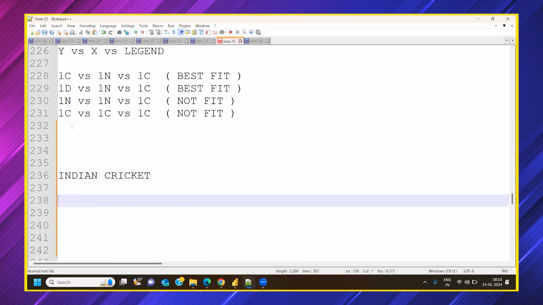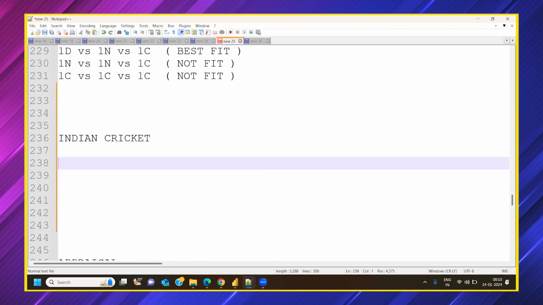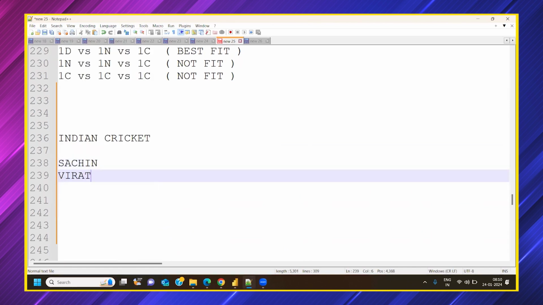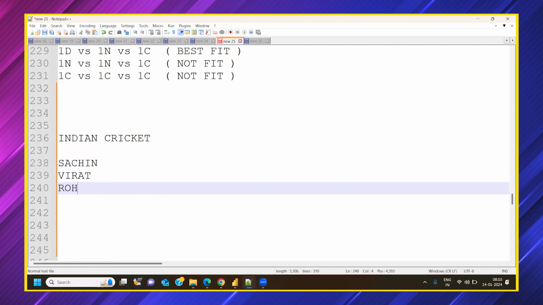There are only a few people in the world who have the most centuries in their name. If I take a few names, it starts with Sachin, and we have Virat, who has a lot of hundreds, and we have Rohit. Individually, you get some statistics displayed while watching cricket also.